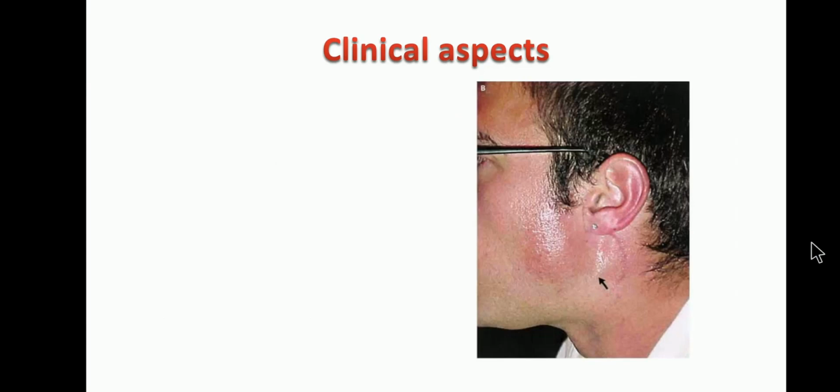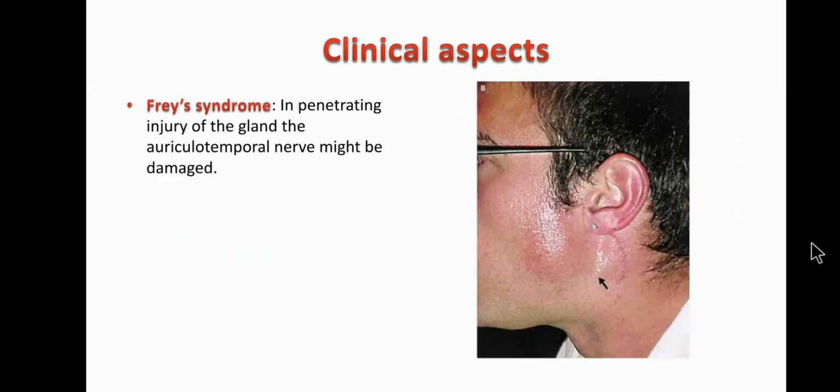Next, coming to Frey's syndrome. If the parotid gland is damaged in penetrating wounds or injuries, the parasympathetic fibers regenerate, with preganglionic and postganglionic fibers traveling via the auriculotemporal nerve.